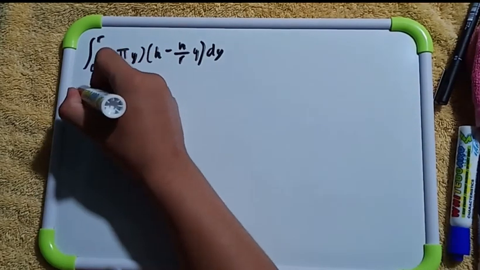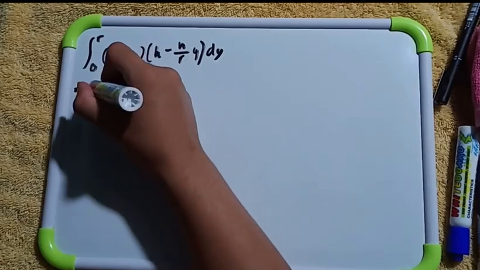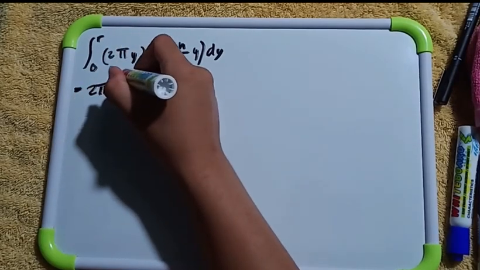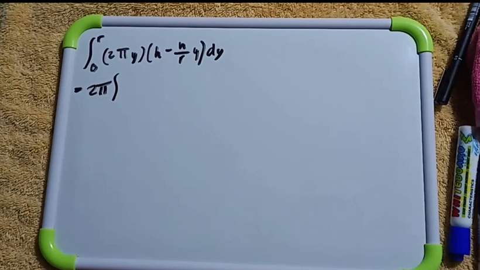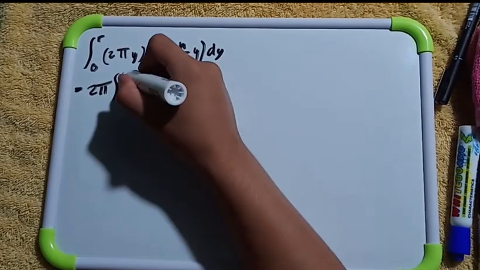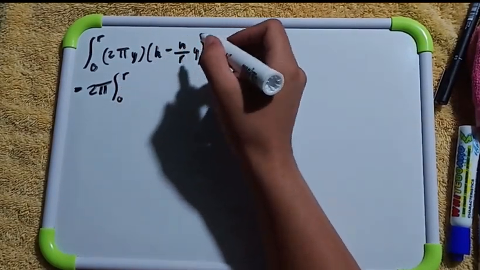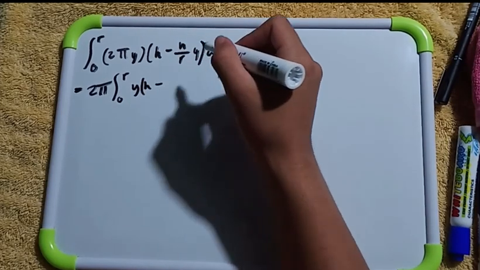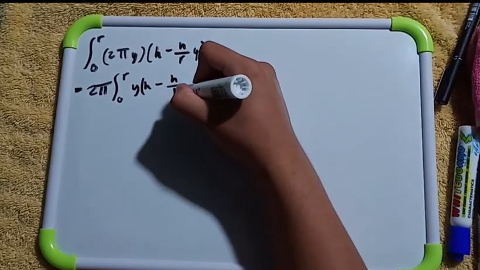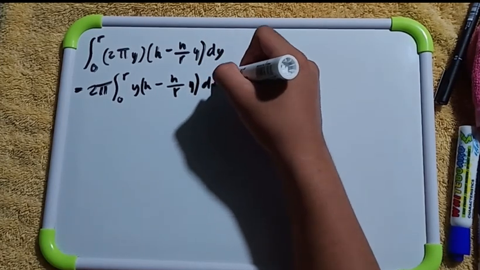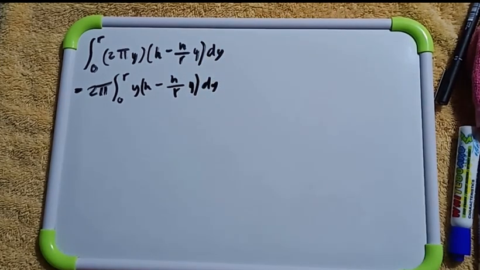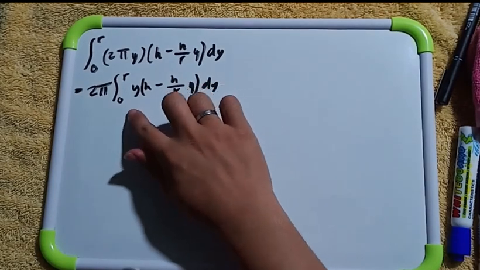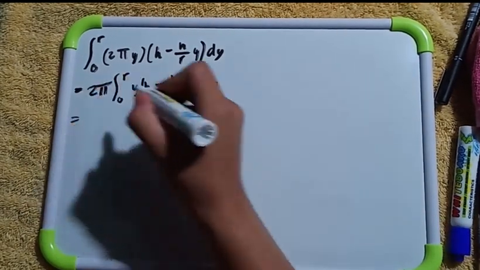So, ilalabas lang natin yung mga constants, which is yung 2 pi, and then integral of 0 to r y times the quantity of h minus h over r y dy. So, madali na lang. I-distribute lang natin si y.